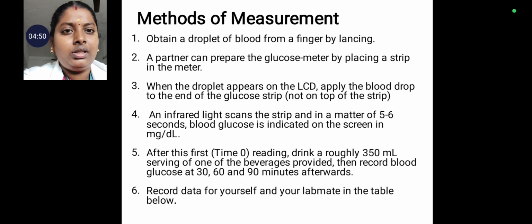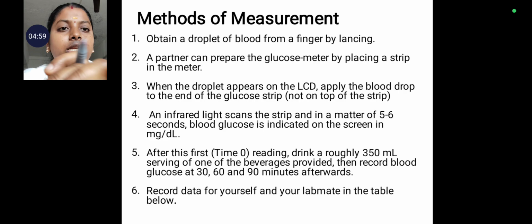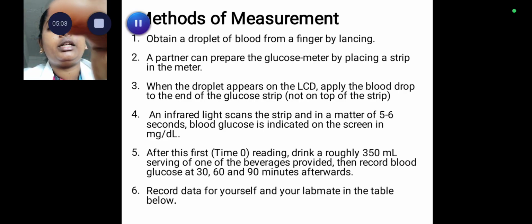So record the data, and it should be clarified with the results. So at 30, 60, 90 minutes the graph should be drawn for the interpretation of the result.